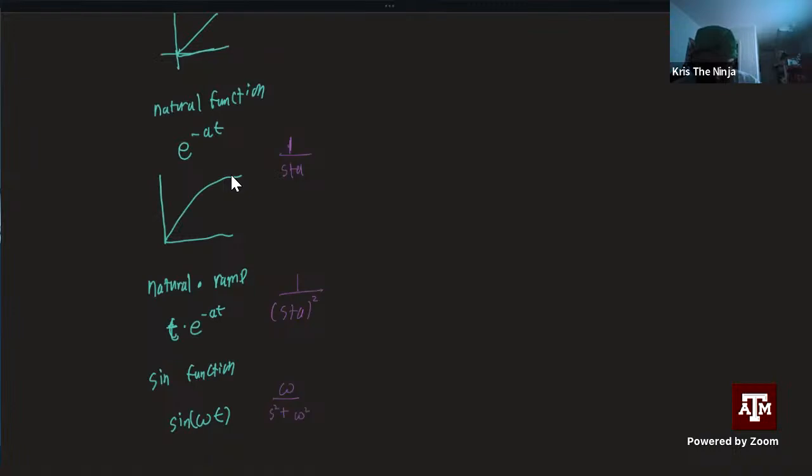The cosine function, that Laplace transform is actually s over s squared plus omega squared.